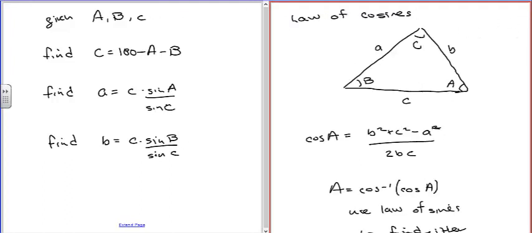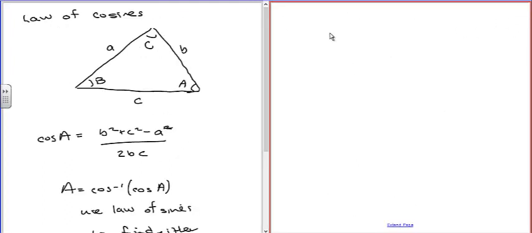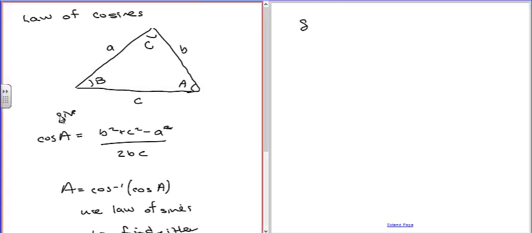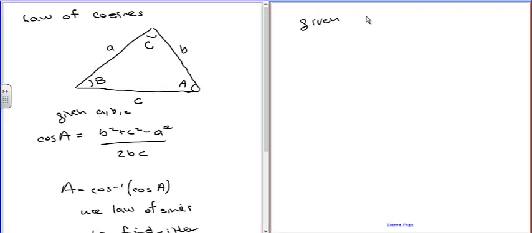Now let's say in the other option I'd be given side B, side C, and angle A. So here's A, here's B, and C. So it's side, angle, side.